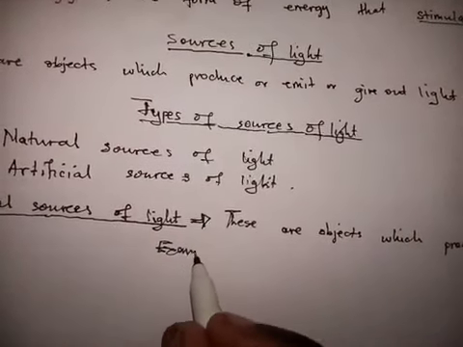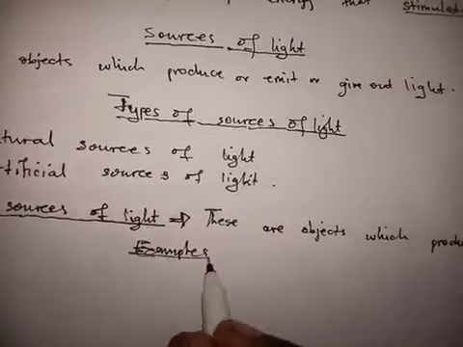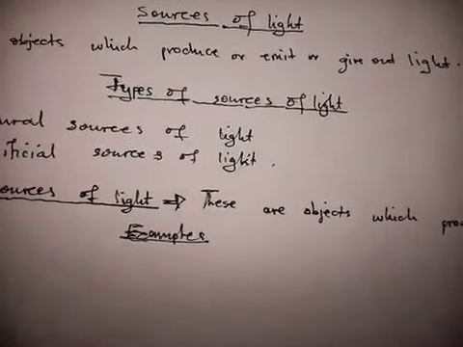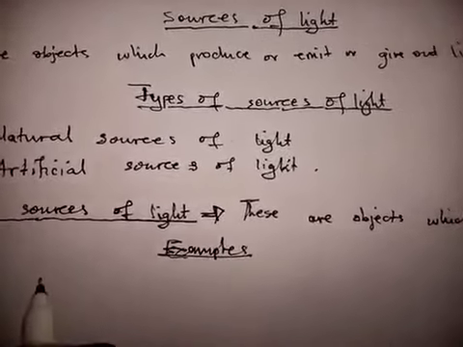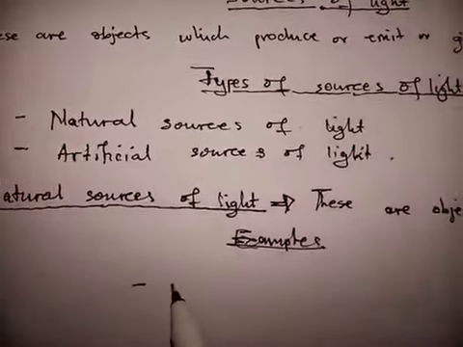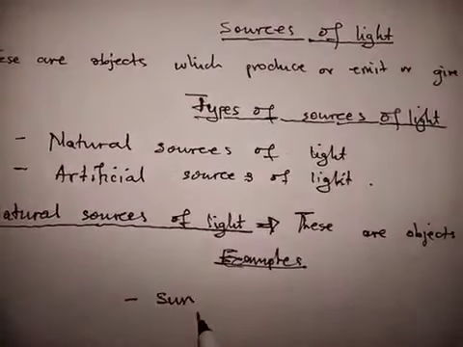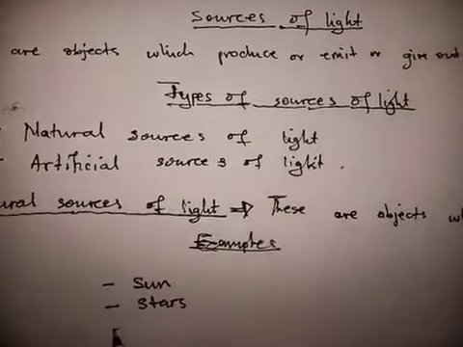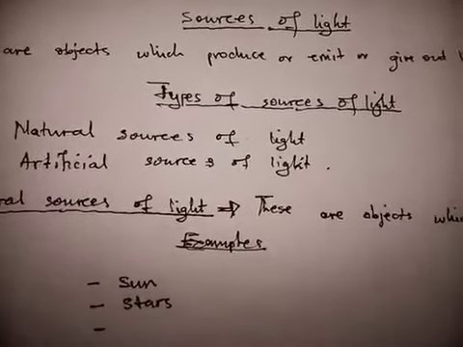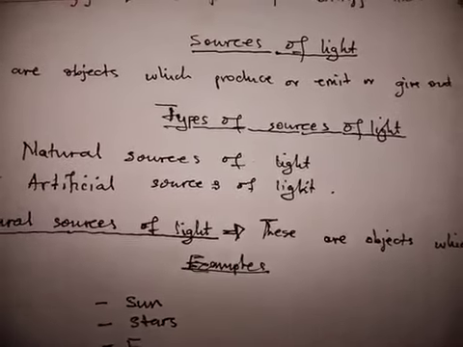Examples of natural sources of light. We have the sun, we have stars, we have erupting volcanoes.